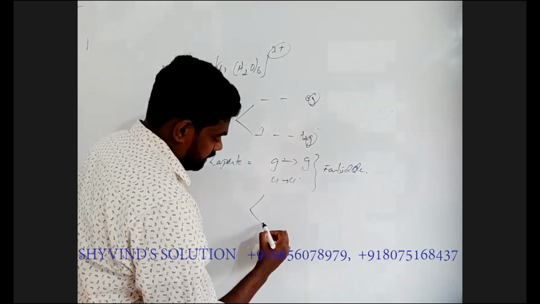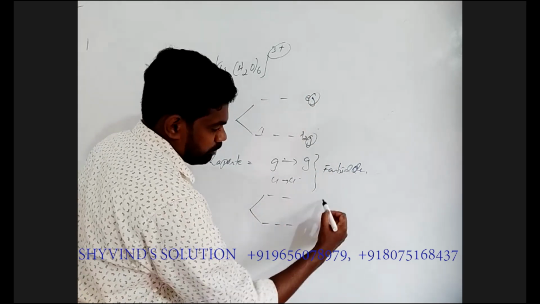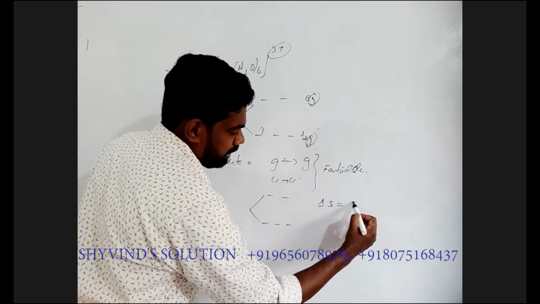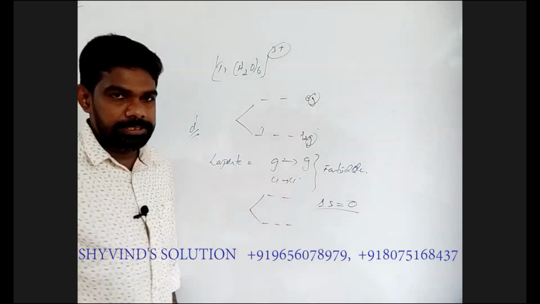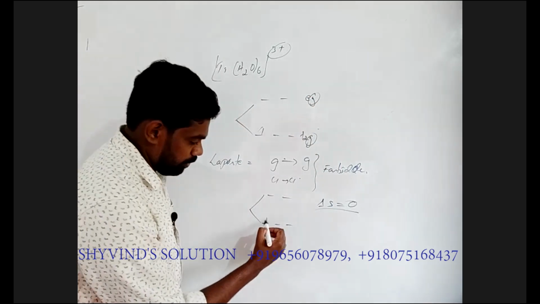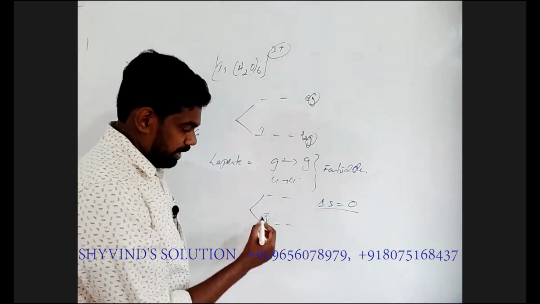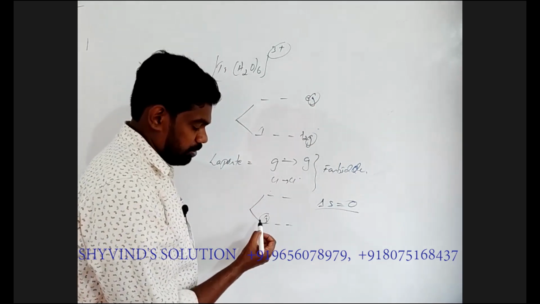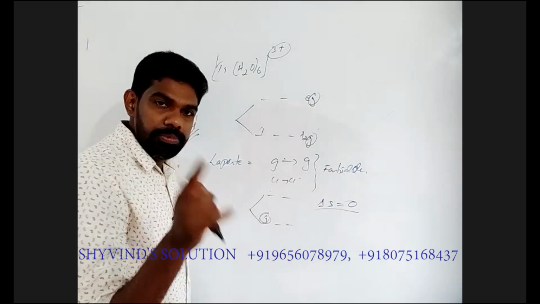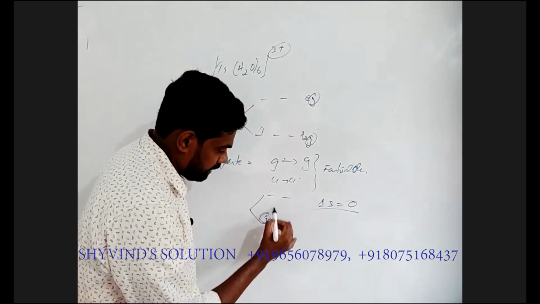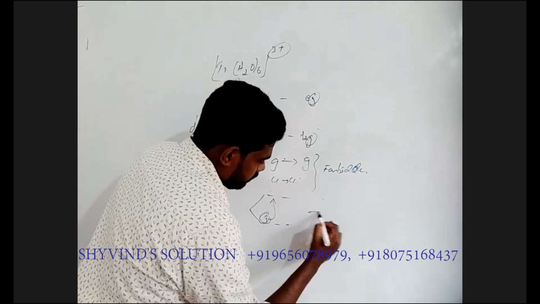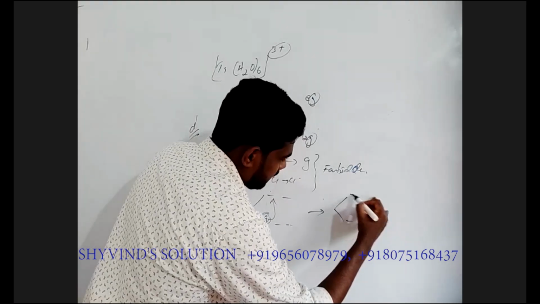Now what about the spin selection rule? The spin selection rule says delta S should be equal to 0 for an electronic transition. That means if this electron has the spin like this, when it jumps from this orbital to this orbital, the spin of this electron should be the same. This is the excited state.